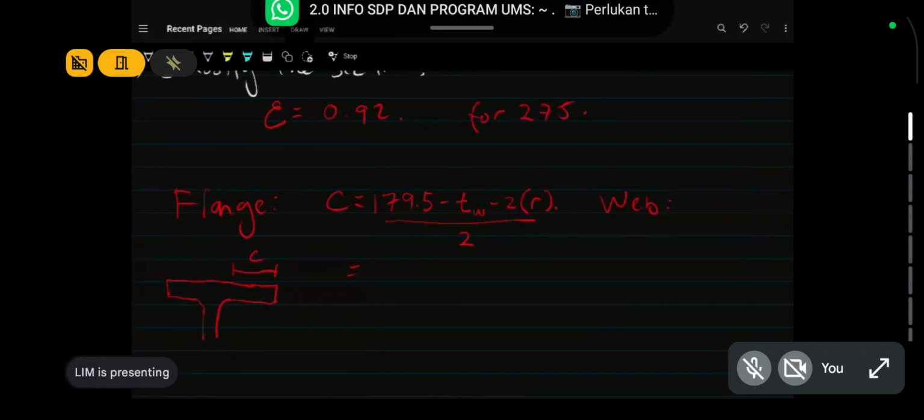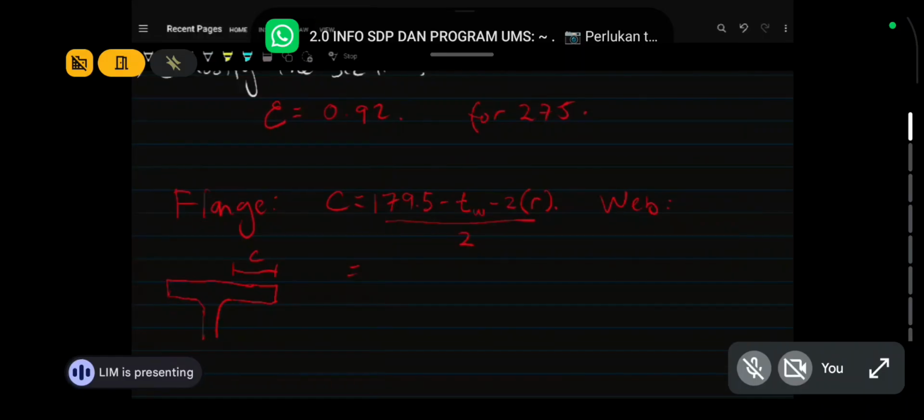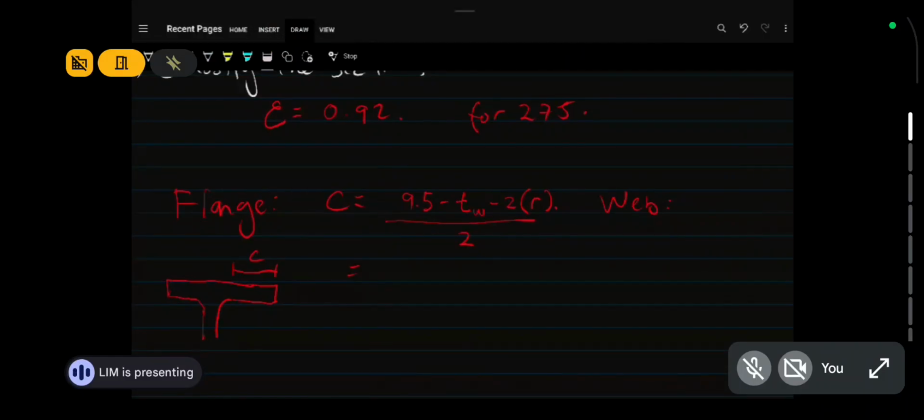Sorry, it's B minus TW minus 2R, divided by 2. So B is 179.5, right, just now. What is TW?